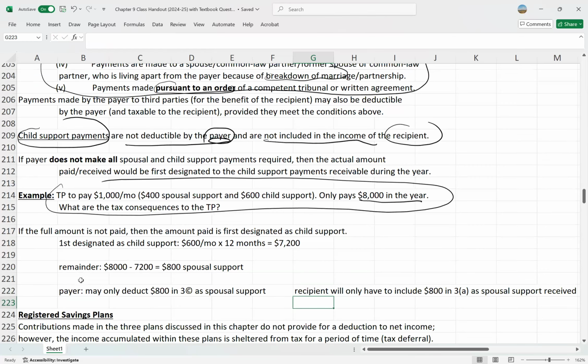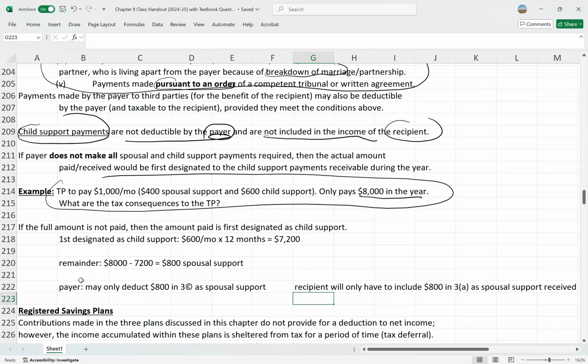So the recipient will only be taxed on the 800 because the first 7,200 is going to be designated as child support. So that's a fairly easy to understand concept. Any questions about that?